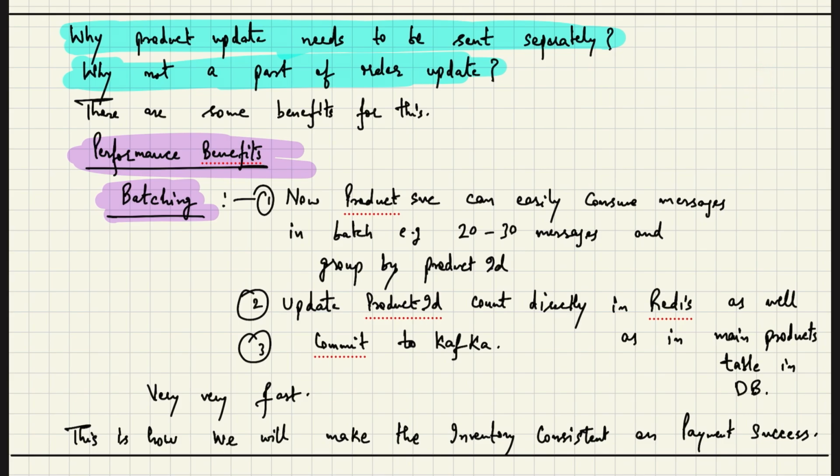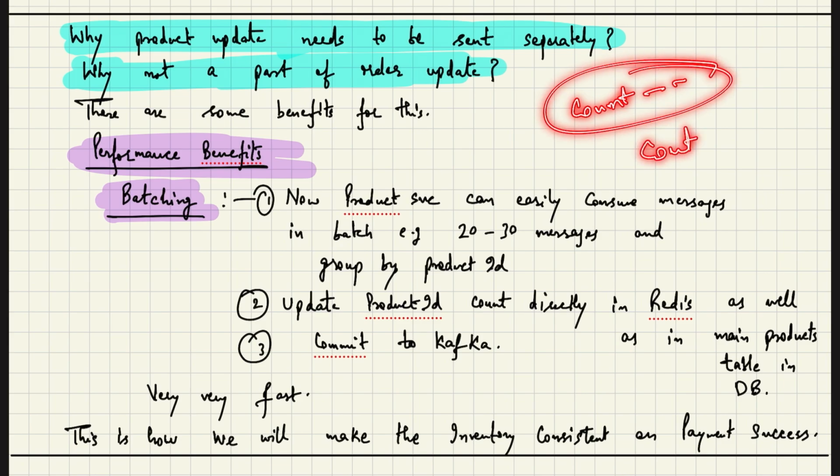So the product service can easily batch all those messages and update the count directly in Redis, and also in the main products table in the actual database. So it is lightning fast. We are not doing count minus minus anymore.